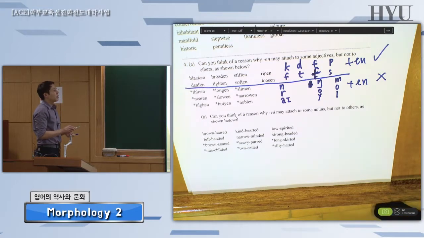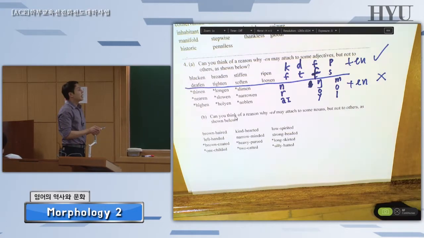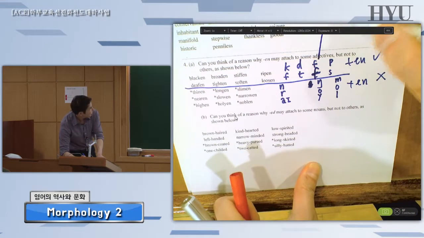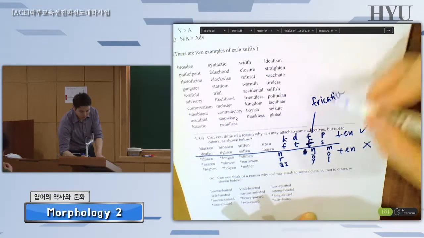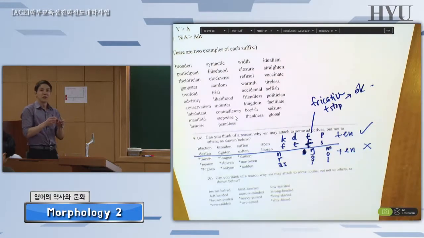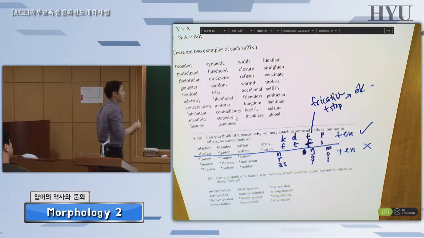They are stops, right? K and D and T, they are stops. And S, F, they are fricatives. So it seems that fricative plus stop, with the morpheme EN, the EN can be attached to those words, okay?